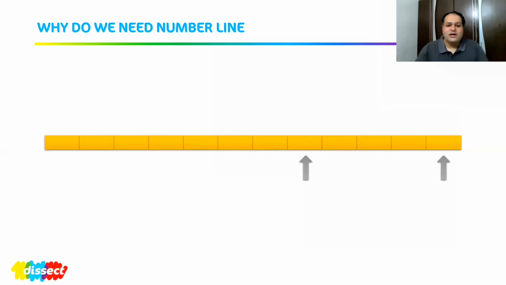What they might do is very likely give you a reference point. So this could be one of the racks. This could be one of the special places on the series of racks, but they would give you a reference point, and then from that reference point they would say that okay, you go two racks to the right of this reference point and you would find those shoes, or maybe five racks to the right of that reference point and you would find your shoes.